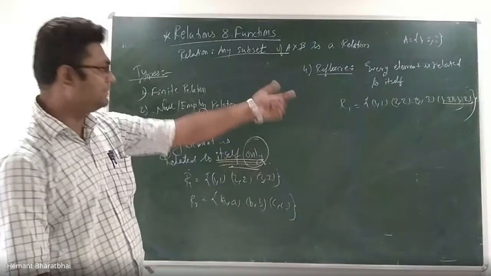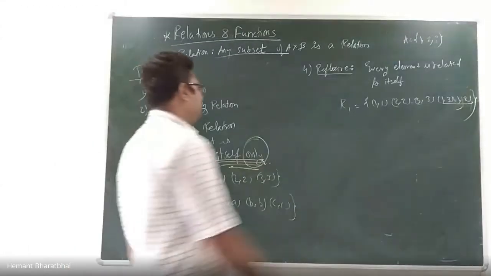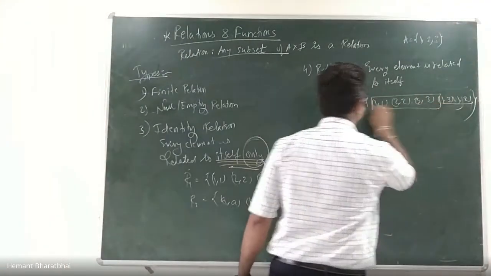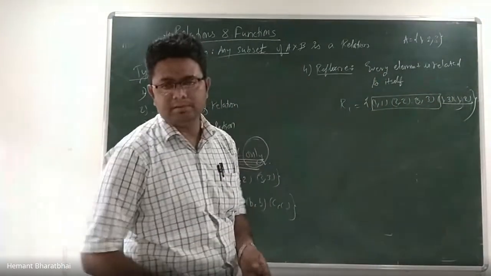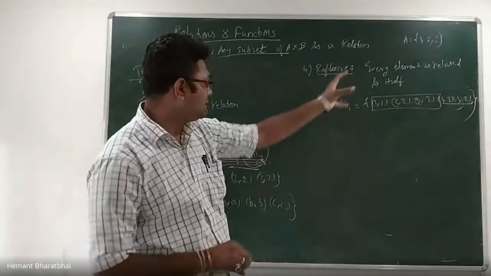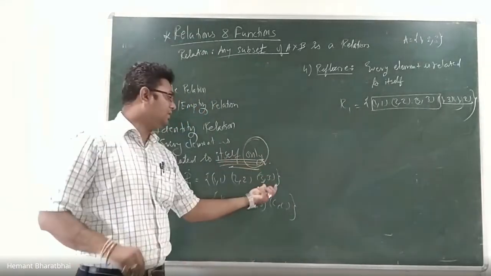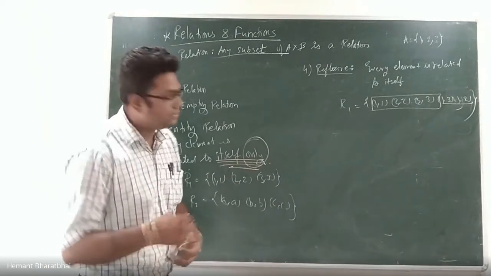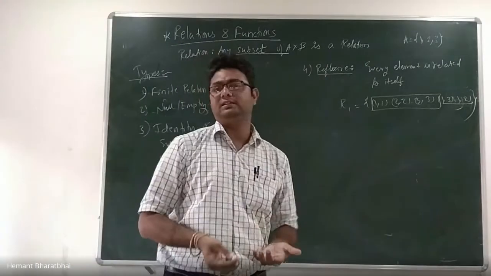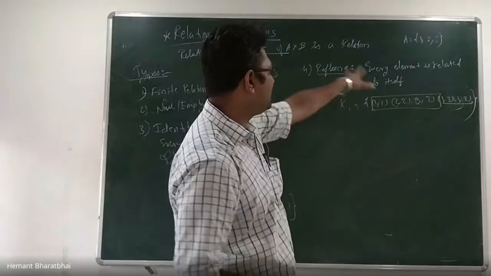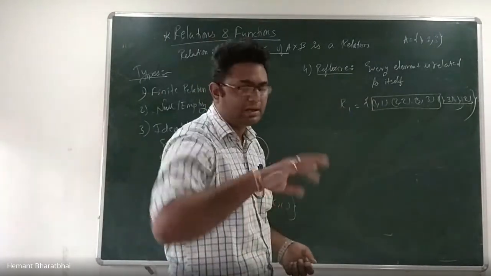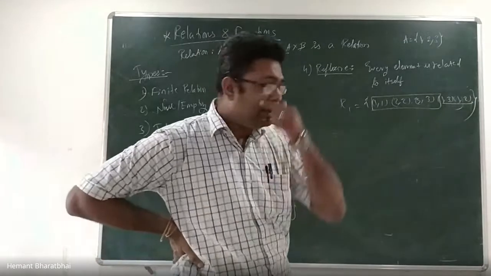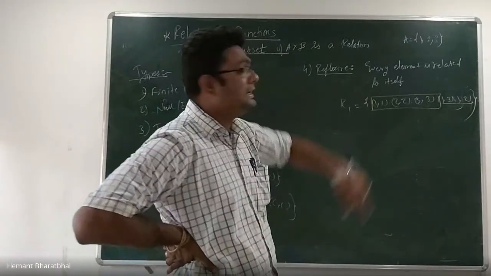Apart from this, I've written some other elements also. Why? Because I have not written the word "only." Here I cannot write this extra element. Why? Because this is "only." It should only be related to itself, then it is identity. But if it is related to itself, and apart from that I have some extra elements also, then it will be called reflexive.